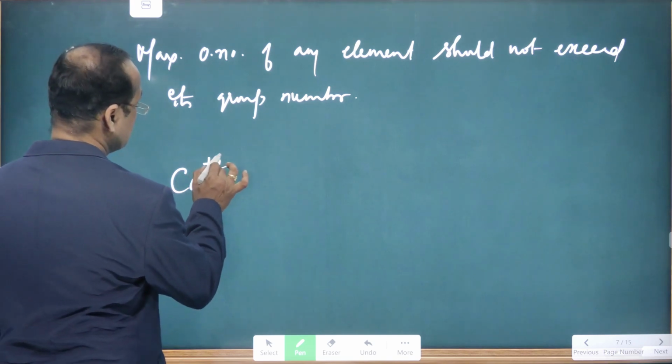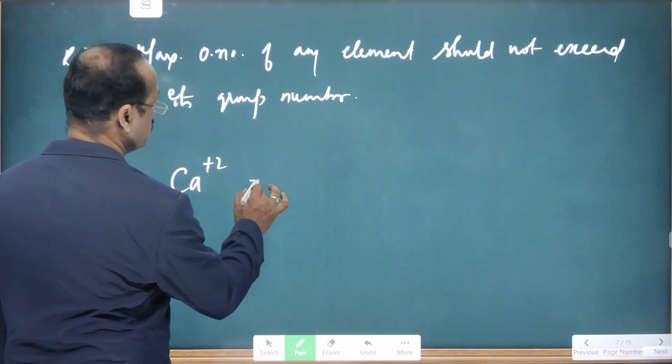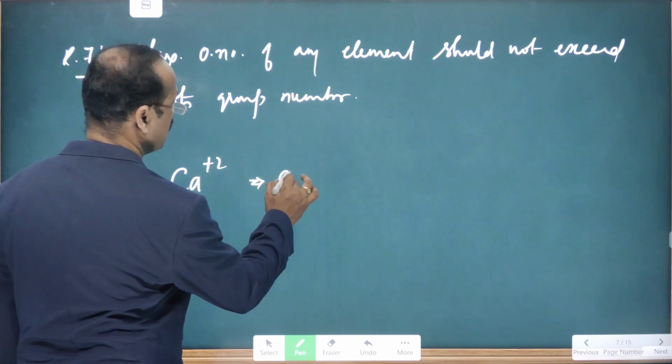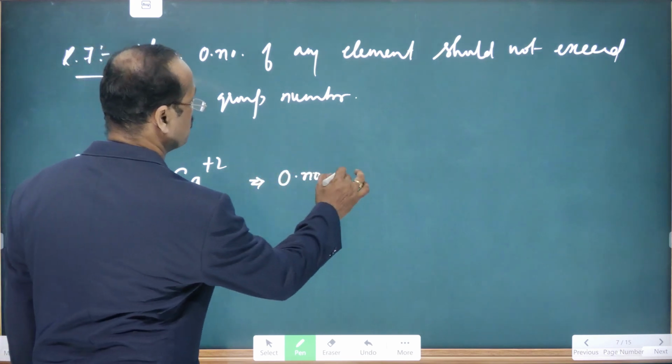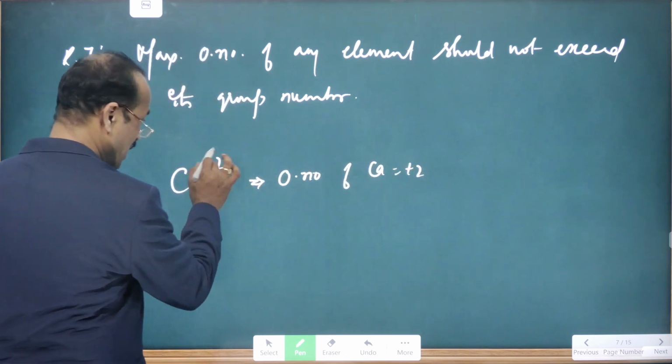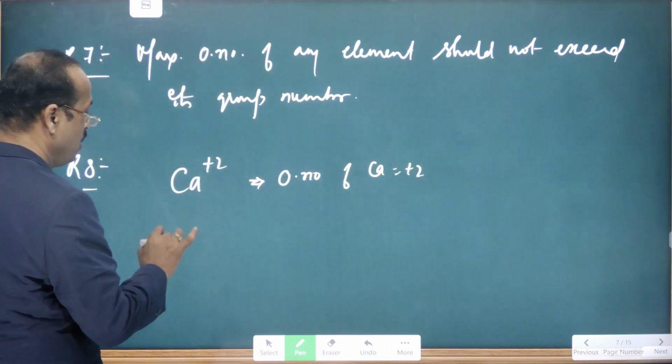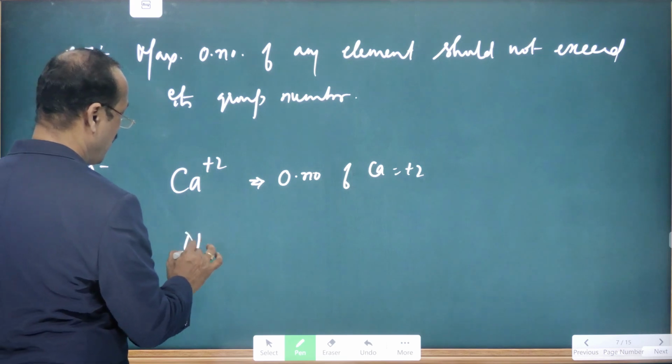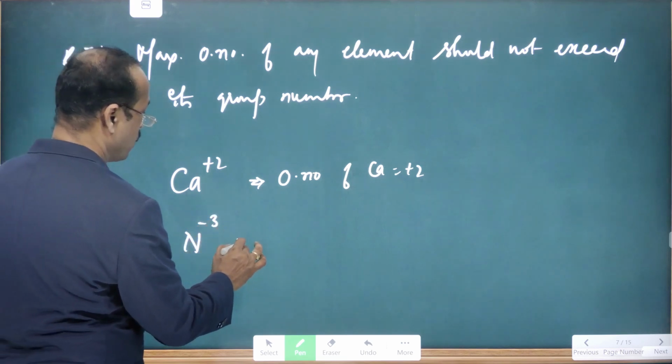The oxidation number of calcium is equal to +2. So whatever charge is written, that only. For example, if I write N3-, then what is this one?